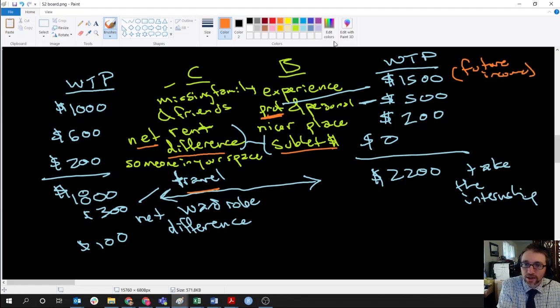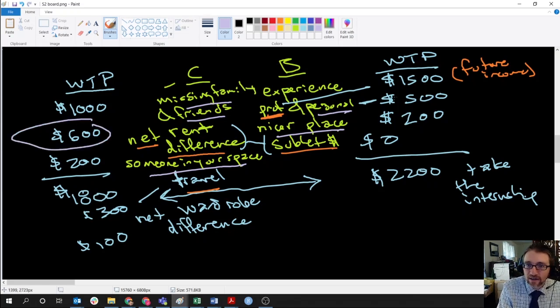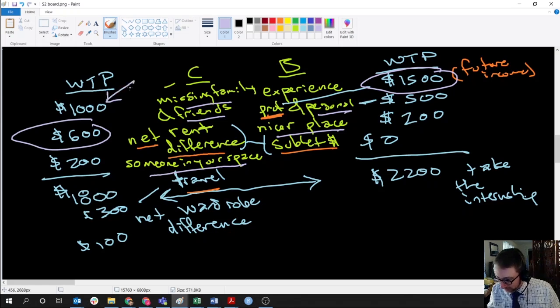But we've also included non-monetary costs and benefits, including missing your family and friends, and having someone in your space and living in a nicer place and a personal experience. Those are all benefits that we are quantifying with money, but we're not just considering the $600 here and the $1,500 here. It also counts that you miss your family and friends. That's not nothing, right? A summer without your family and friends matters. And so that's something that we want to take into account.